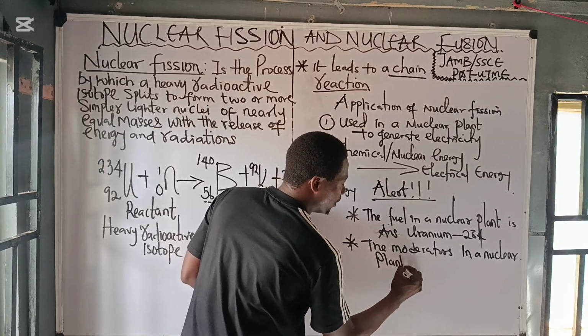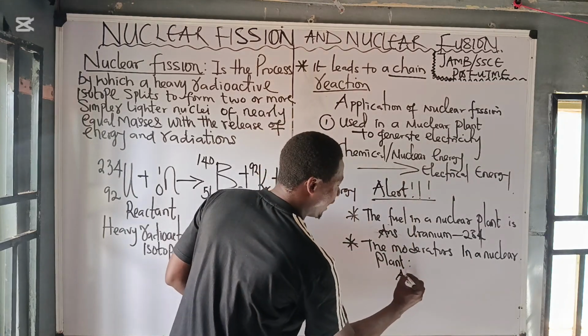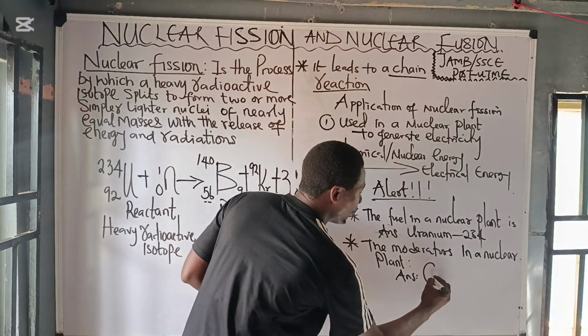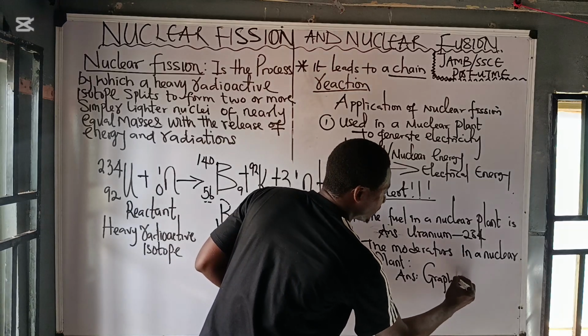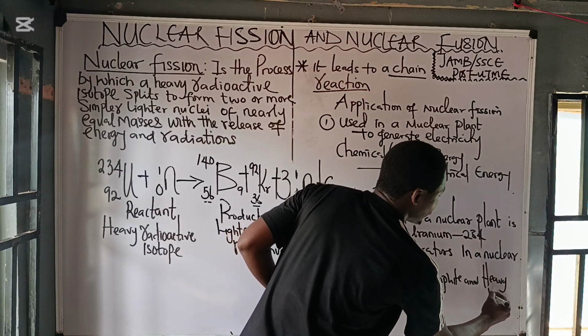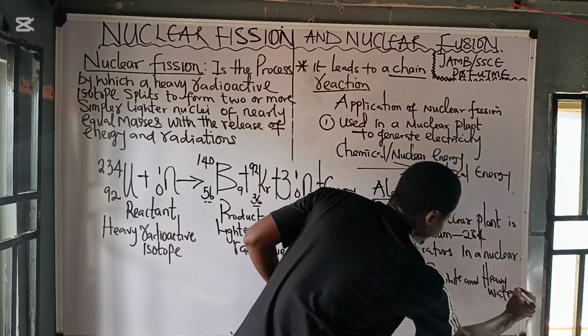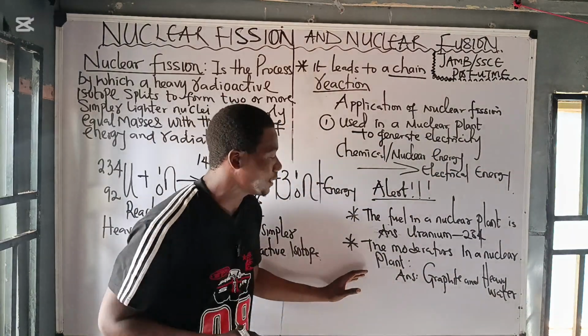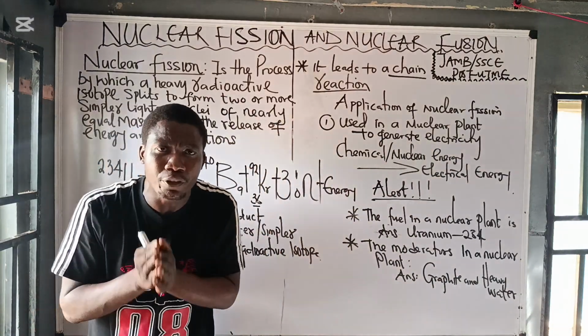What is the answer? Here's the answer, class. The moderators in a nuclear plant are graphite and heavy water.